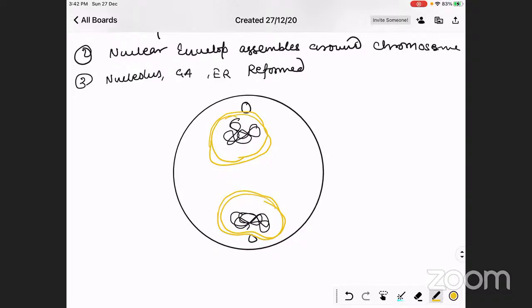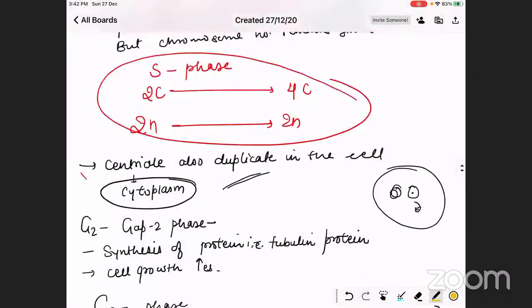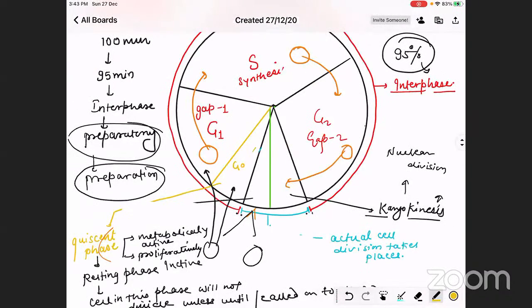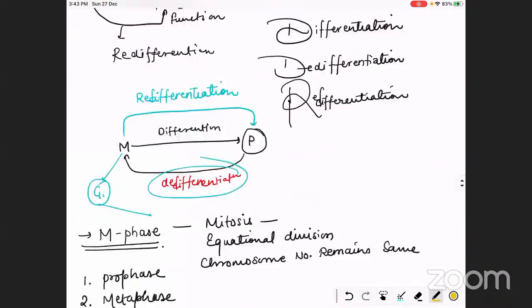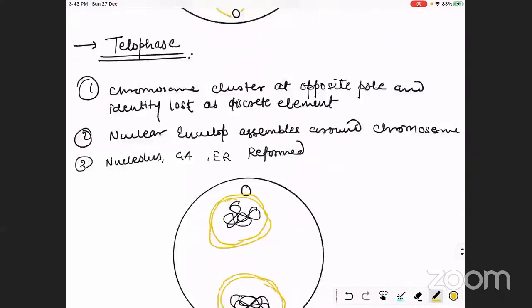Now, we told you there are two things. One is the nuclear division, and again there will be cytokinesis. So we reach this phase, cytokinesis. Now we will carry out the cytokinesis.